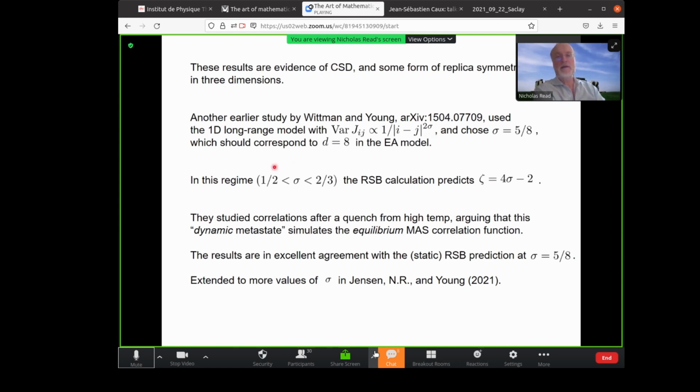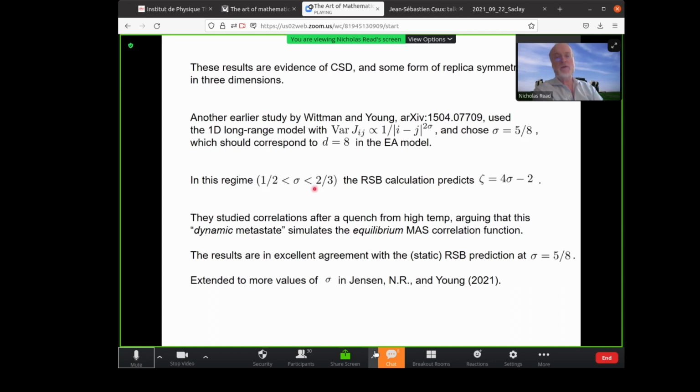And for sigma in this range, there's a transition at non-zero temperature. What I was able to prove is that the ground state metastate, which is the zero temperature version, is trivial for sigma bigger than 3/2.